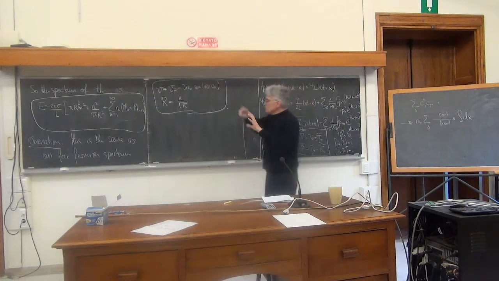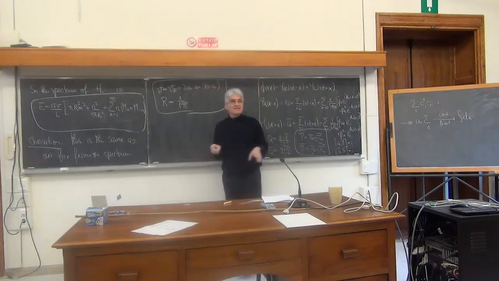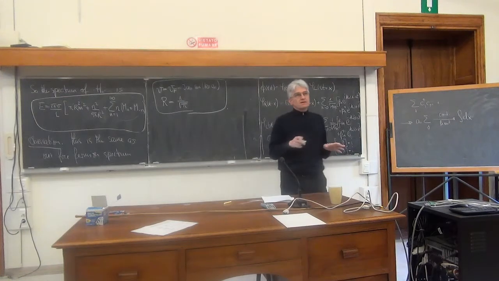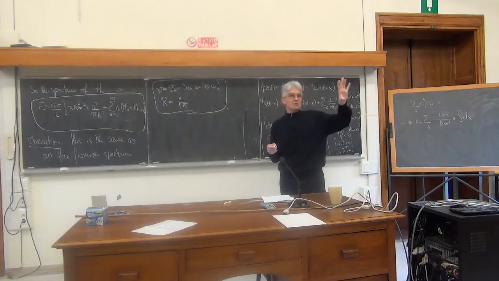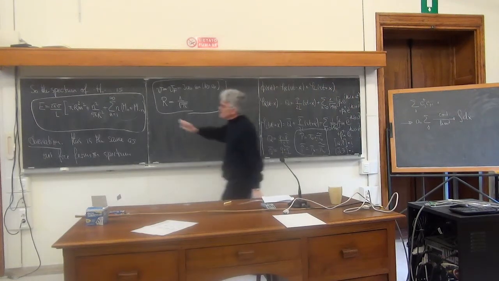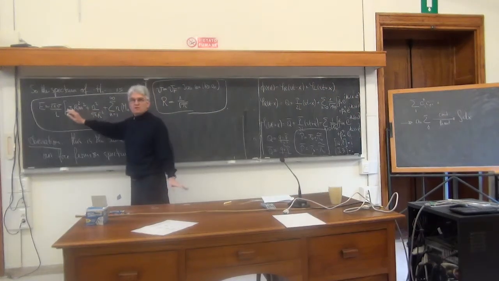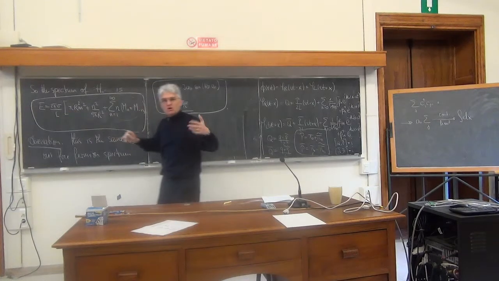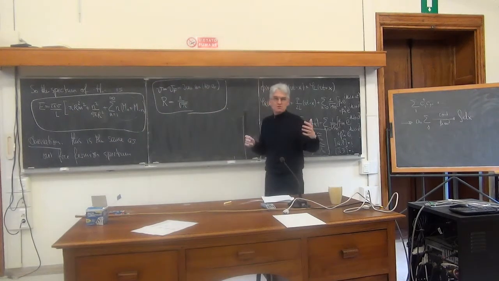Okay? In order to make this identification complete, however, we would like to know how to translate now between operators in the two theories. Yeah? In the free fermion theory, I had this right of x, left of x, and so on and so forth. And here in the free boson theory, I have now to talk about what are the good operators to look at, yeah?